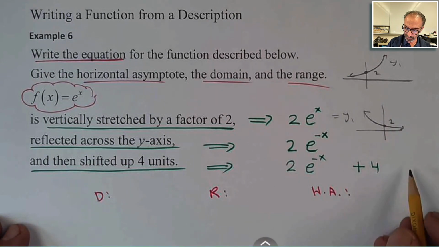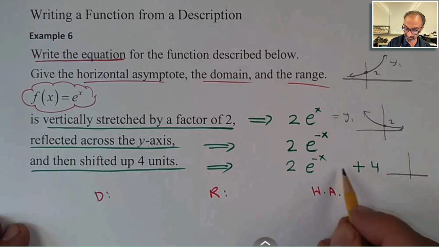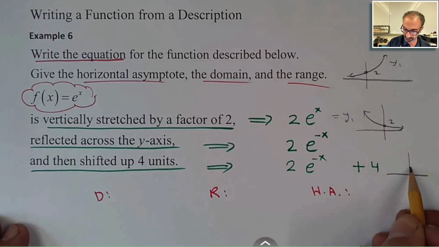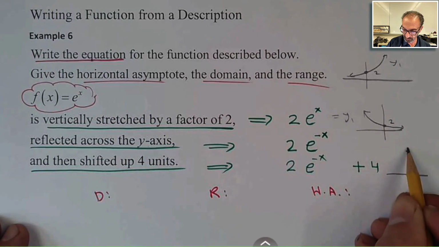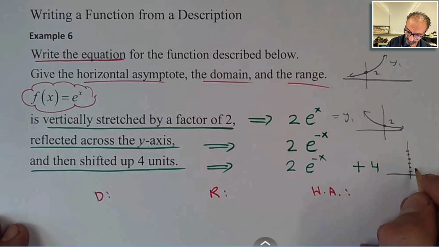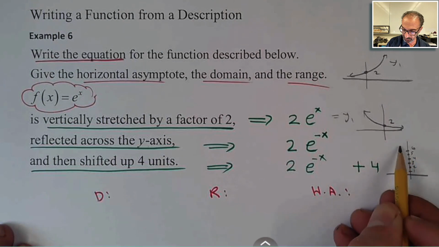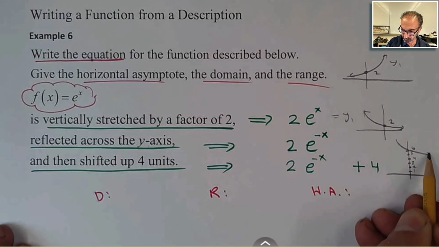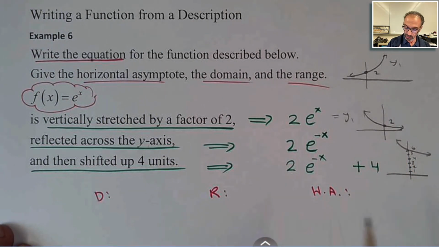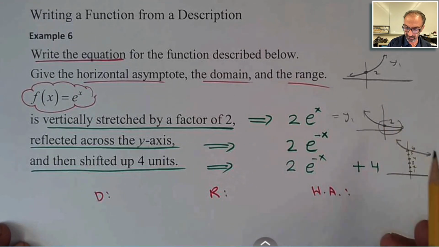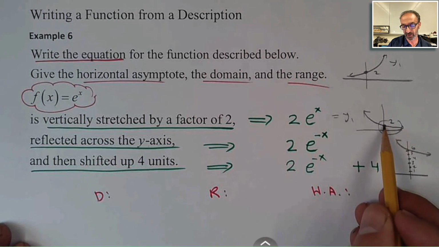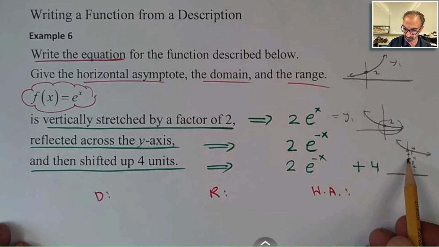Now shift it up 4 units. I have 1, 2, 3, 4, 5, 6. From 2, go up 4 units, you're going to be right there, and it's going to look like this. So where is the horizontal asymptote? Looking down here, it's 2 units below the point. 2 units below, you're going to be right there.